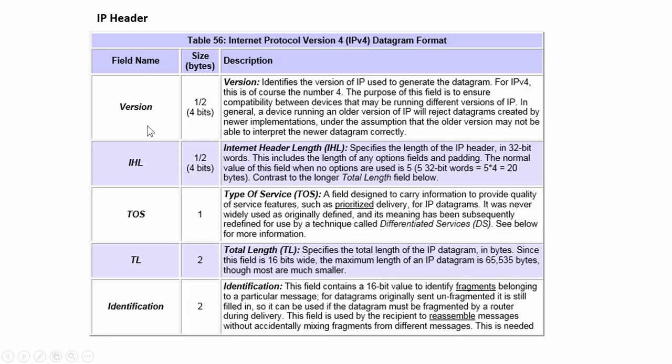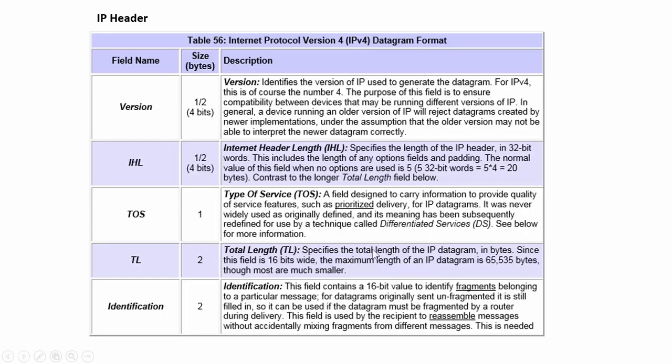The first field in the IP packet header is version, and that specifies whether it's IP version 4 or IP version 6. The Internet header length field specifies the length of the IP header. The TOS, type of service field, is also called QoS for quality of service, and it allows us to assign certain higher priority for certain packets, so those packets will get pushed ahead of the others.